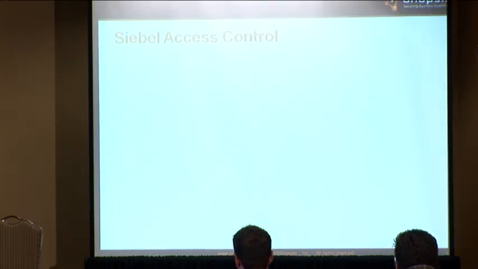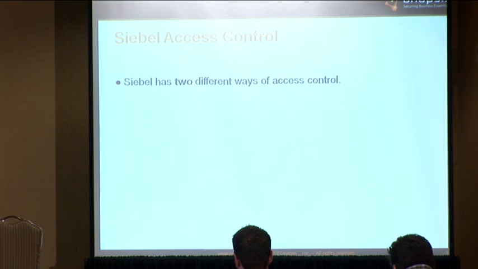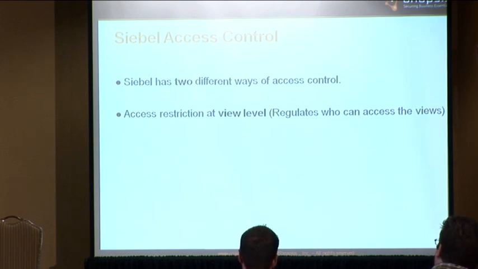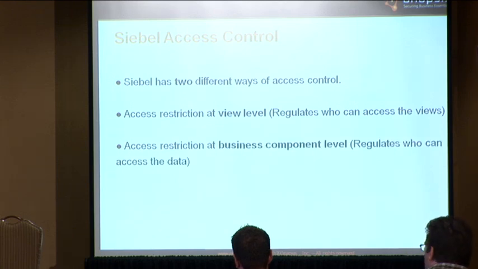Let's talk a little bit more about Siebel access control. By default, you have two different mechanisms in place on Siebel. The first one is at the view layer, the user interface layer. From here, you can restrict who can access the view. The second one is at the business component level, a concept more related to Siebel.